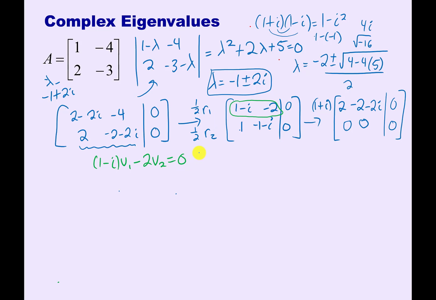So moving that over, 1 minus i v1 equals 2 v2. So for picking an eigenvector, we want to make something that's easy. So if I let v2 be 1 minus i, then those would cancel when I put that in there, and it'd leave me v1 is 2.